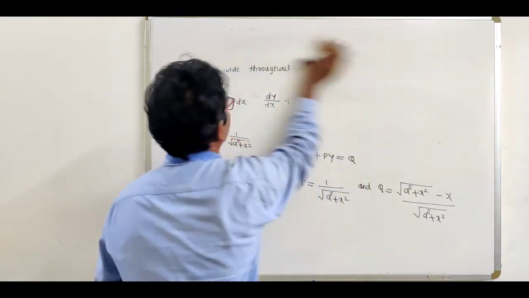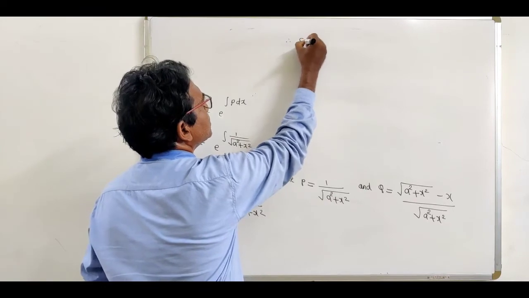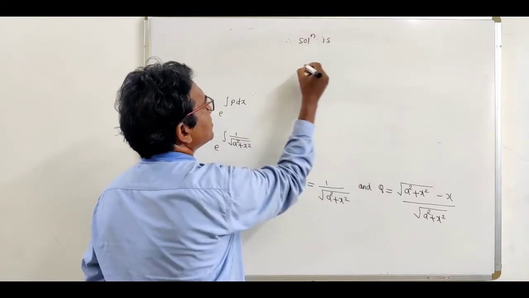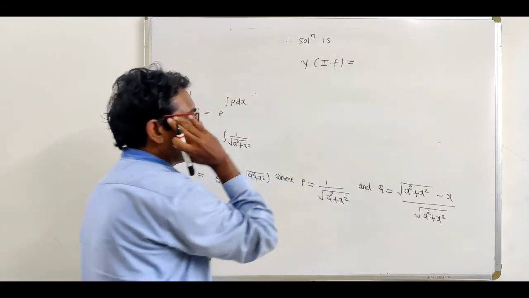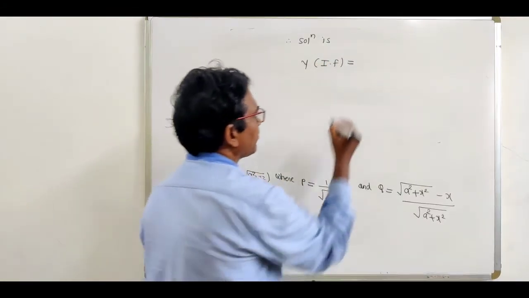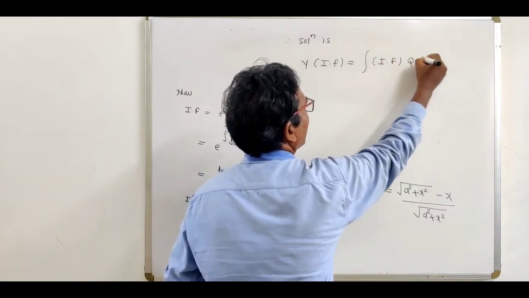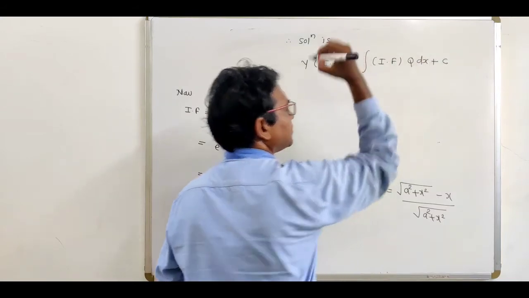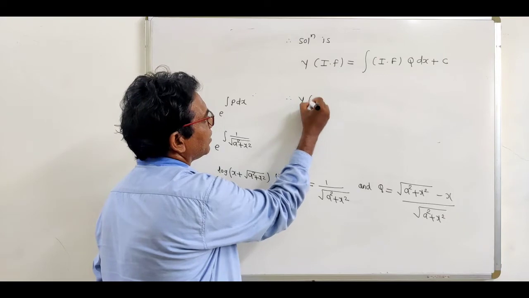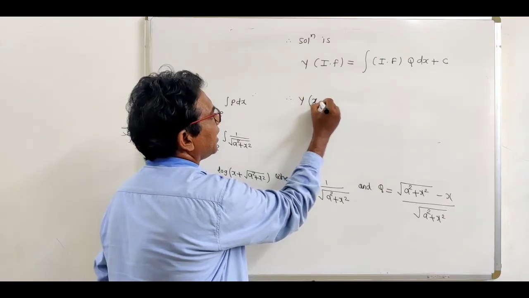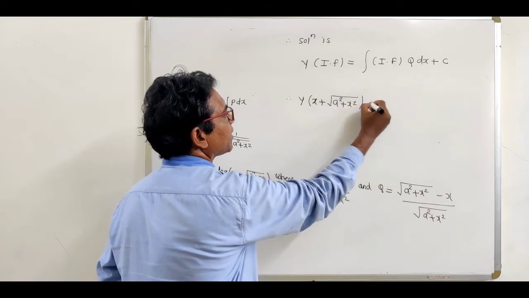Therefore, the solution is, so this is the formula, y into integrating factor is equal to integral of integrating factor into Q dx plus c. So just put the values. So this is y, and the integrating factor is x plus under root a square plus x square.